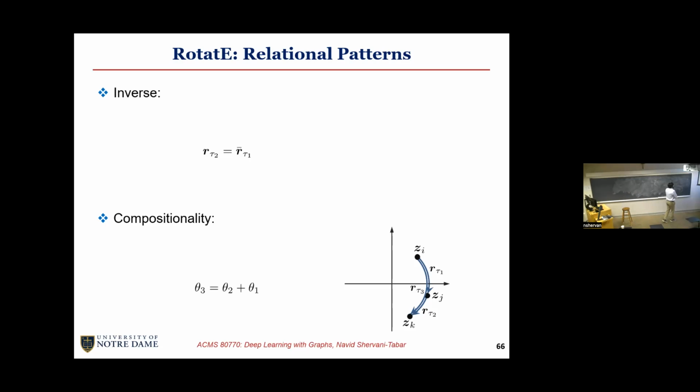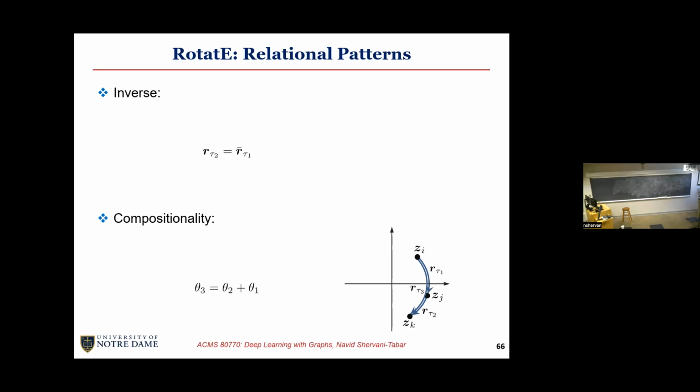The last one that I would like to see if it's possible or not is compositionality. In this, what we do is that we say that I should start from ZI and move to ZJ. And that's going to happen with some embedding R tau 1. Then I'm going to start from ZJ and end at ZK.